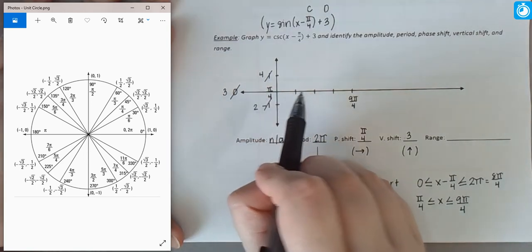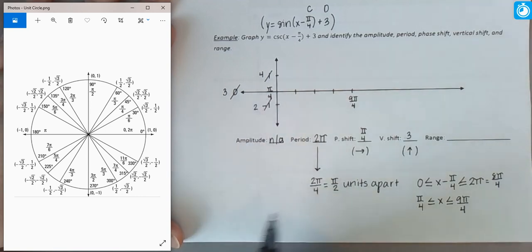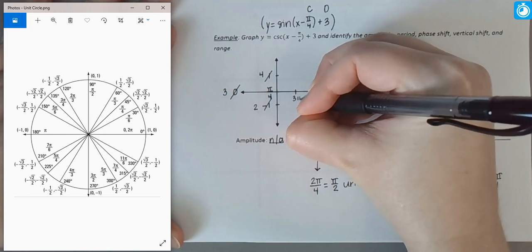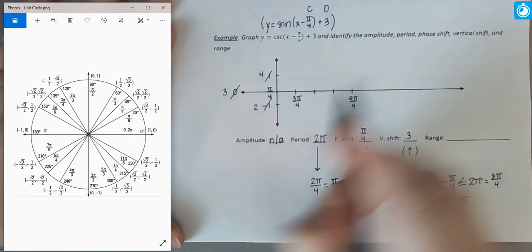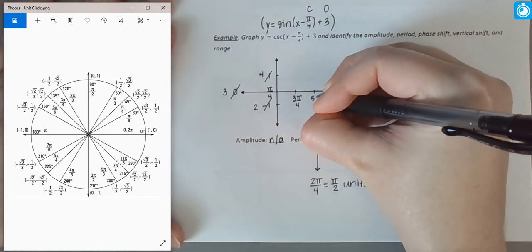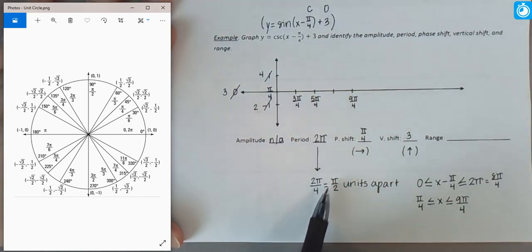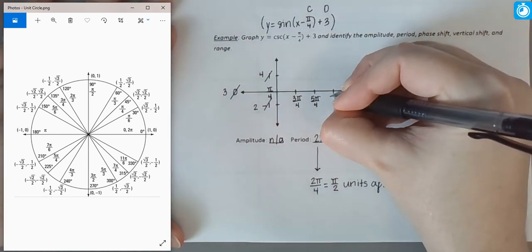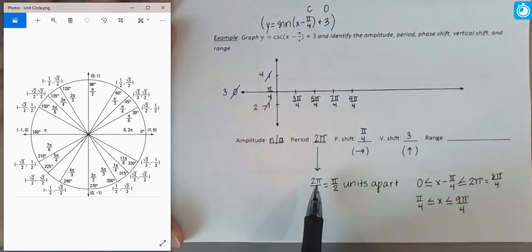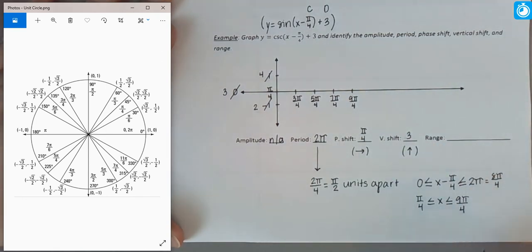So maybe just count by 2 pi over 4 so that we already have that matching denominator. So pi over 4 plus 2 pi over 4 would take us to 3 pi over 4. Well, 3 pi over 4 plus 2 pi over 4 would take us to 5 pi over 4. 5 pi over 4 plus 2 pi over 4 would take us to 7 pi over 4. And then 7 pi over 4 plus 2 pi over 4 takes us to 9 pi over 4, which is where we're supposed to end our cycle.